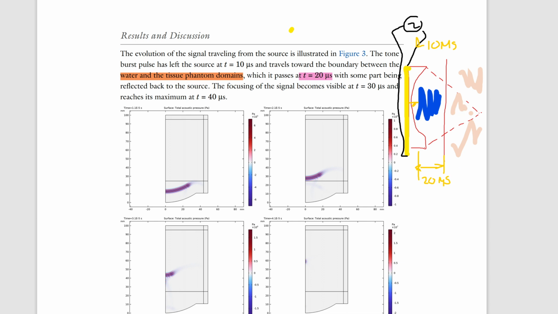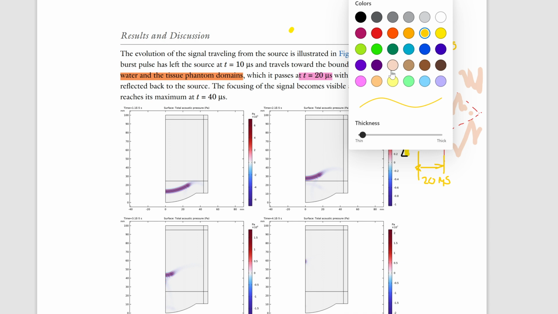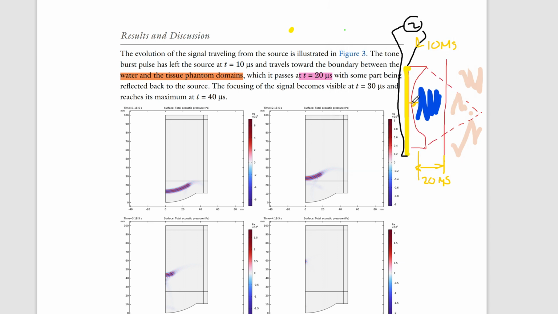So I'll do a little drawing here to kind of illustrate that. Let's do green. So green is going to be our sound waves. They originate kind of from here and then here. There's more going on. I'm just going to draw it as a simple beam. It doesn't look like this though.